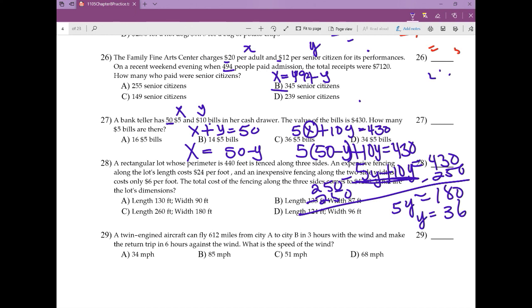If you are being asked in this case how many $5 bills, go back to this equation. That means that x plus 36 is 50. And I believe that if that is the case, then if I subtract 36 on both sides, x has to be 14. So yeah.